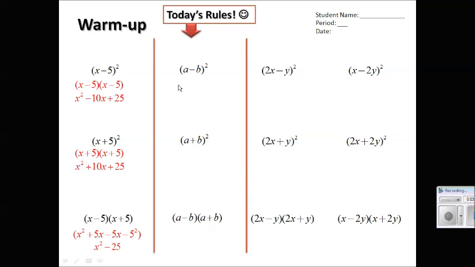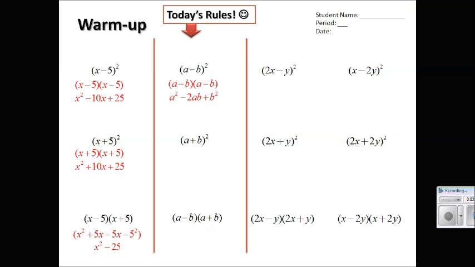Let's start with this. This is actually a rule that you developed for us. Whatever a is minus b, if that is being squared, you're going to notice something. The a is squared, the b is squared, and the middle is negative 2ab.